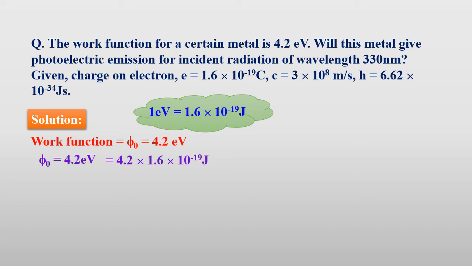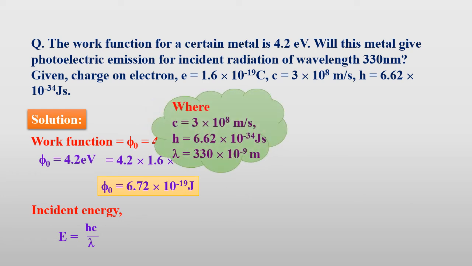The answer comes as 6.72 into 10 to the power minus 19 joule. Incident energy E is equal to h nu, and nu can be written as c by lambda, so hc by lambda, where c is 3 into 10 to the power of 8 meter per second, h is 6.62 into 10 to the power minus 34 joule second, and lambda is 330 nanometer.